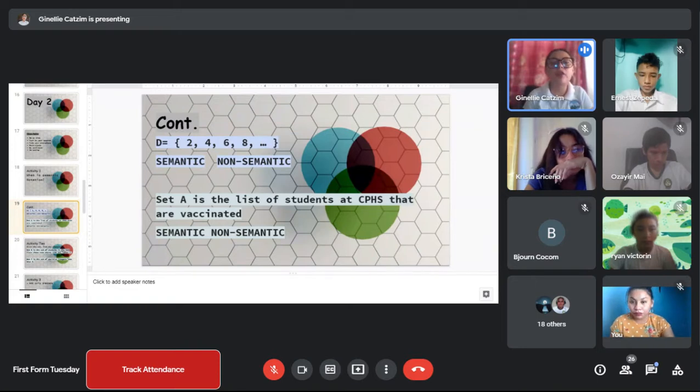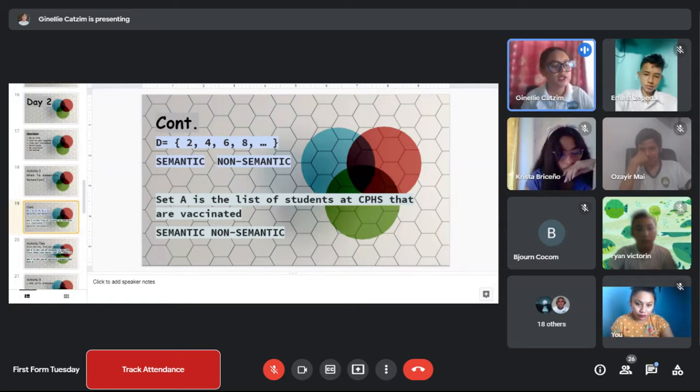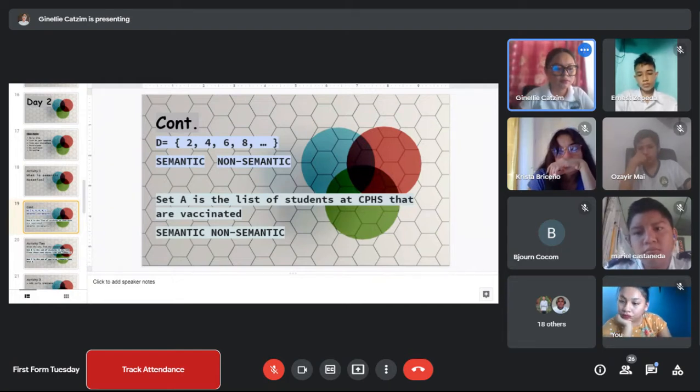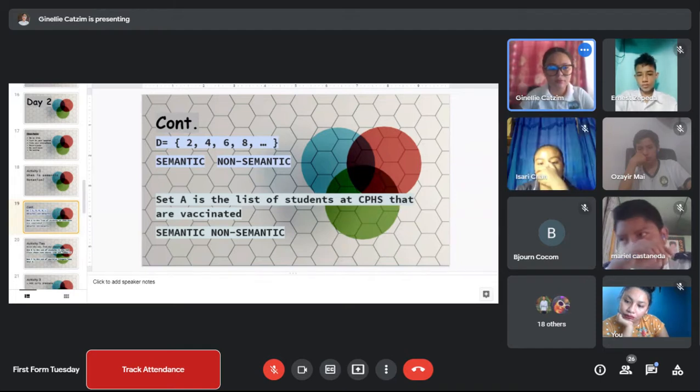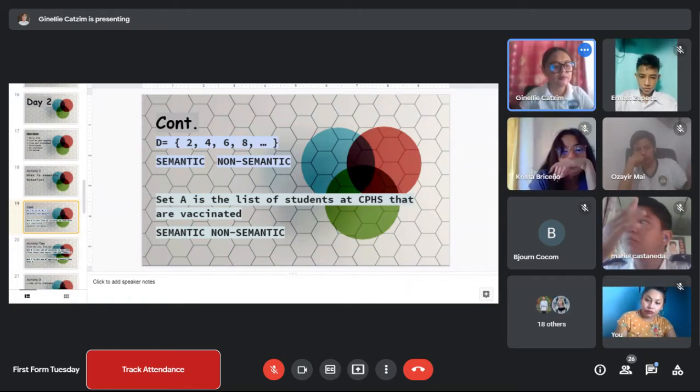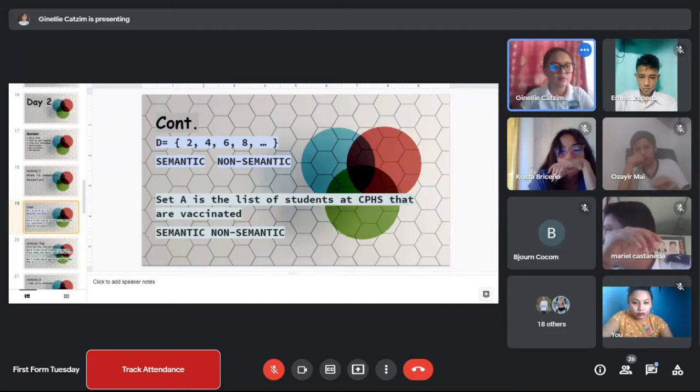So, what will be another example of semantic notation? Just one example. Who wants to share one example of what would be another example of semantic notation? Anyone? You think fast of an example of a semantic notation? Remember, it's just like a sentence.